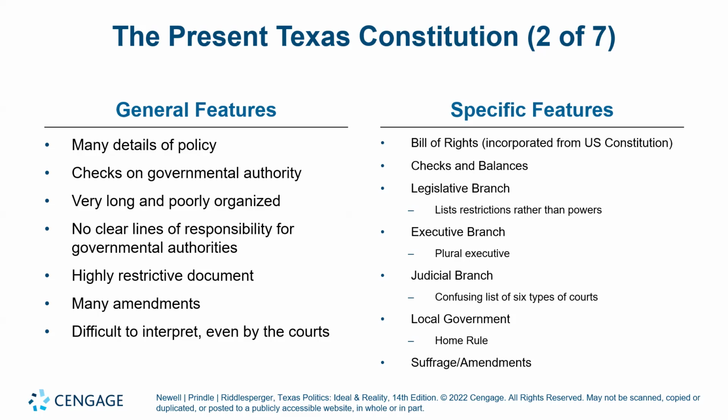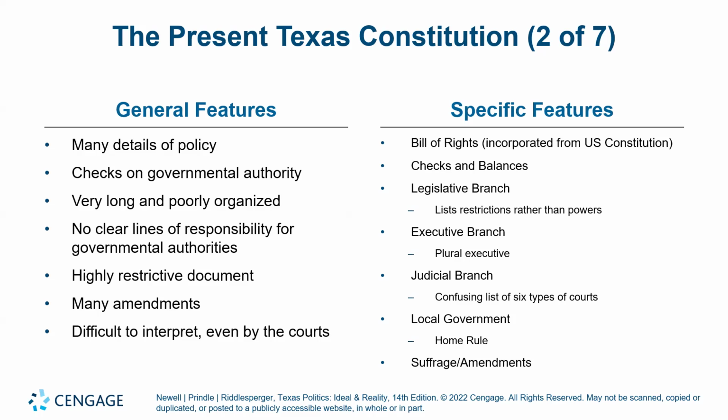Again, highly restrictive document. In several provisions, the state constitution will use, as I've said before, glass-half-empty approaches where it's not necessary. They don't say the state legislature will do this or can do this. Instead, it'll be like the state legislature cannot do this, cannot do that. This is a holdover from how angry people were in 1875 and leading into 1876.